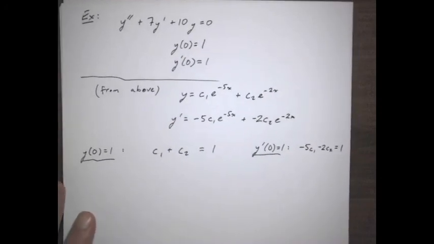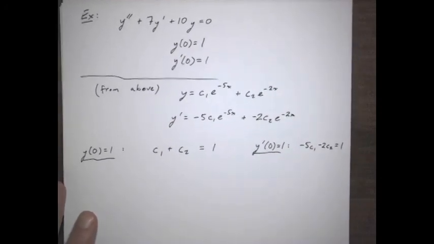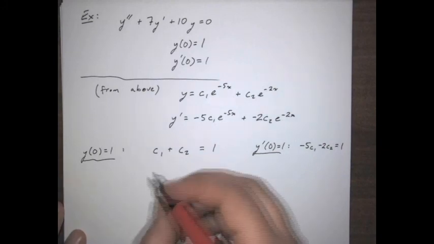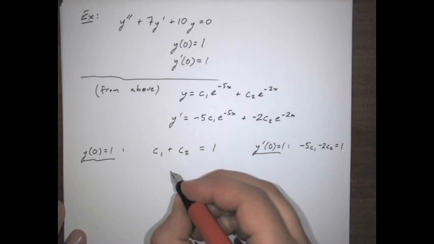Alright, and now to solve this system of two linear equations and two unknowns, you can use any of the methods that you know and love. You can use linear algebra-based methods, you can use just regular algebra-based methods. I'm going to go ahead and do this with the substitution method.